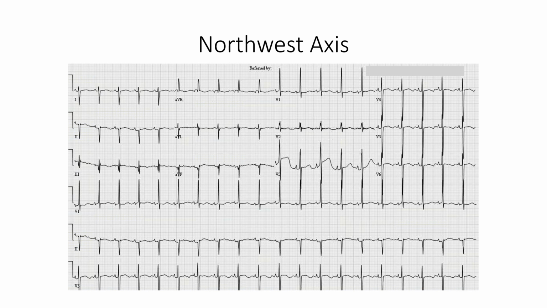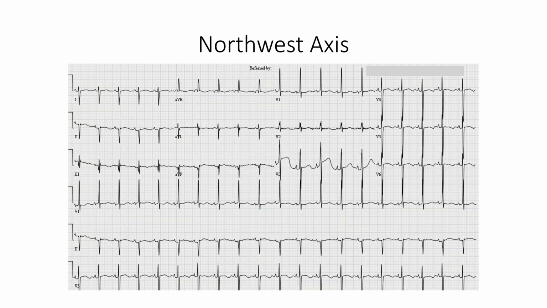And here's a more rare ECG that we touched on a little earlier, showing a northwest axis. Remember earlier we showed that the polarity of the leads matters, and that the polarity of leads in lead 1, which is horizontal facing, lead AVF, which is vertical facing, and lead 2, which bisects both 1 and AVF, is how we defined our axis.